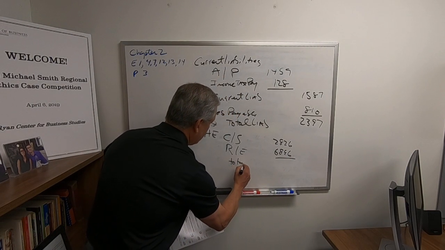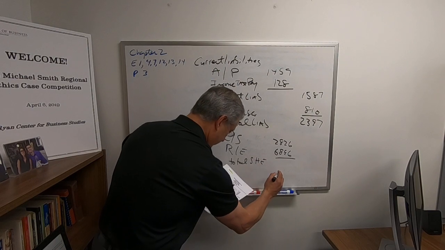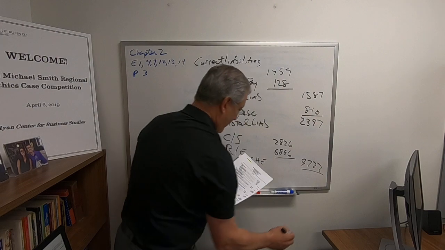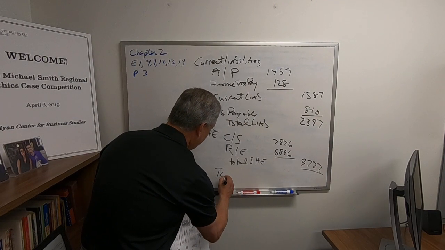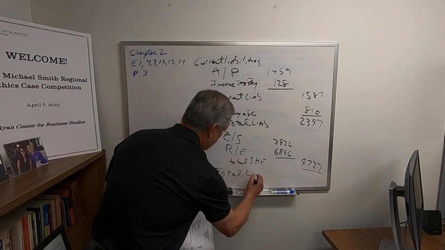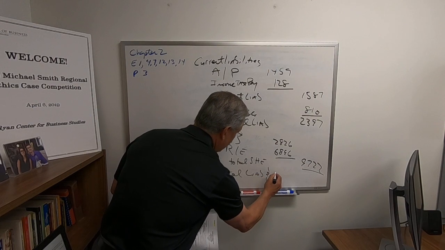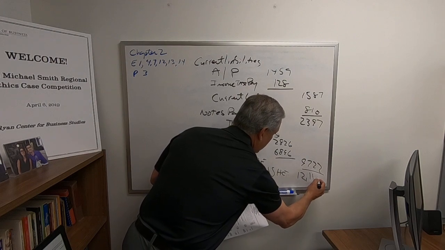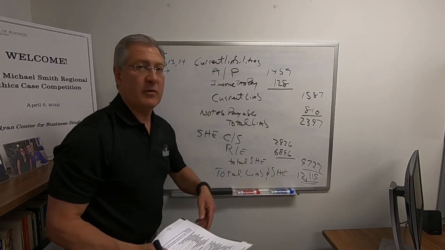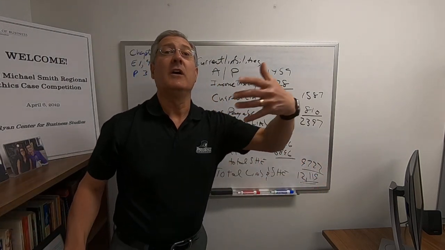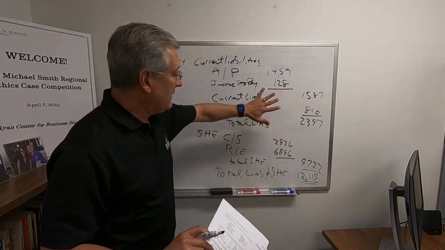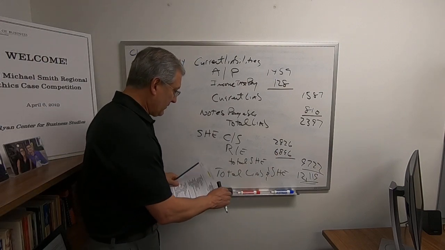Total stockholders' equity is 9722. And we have total liabilities and stockholders' equity at 12,119, which is what? The total assets that you had. So your total assets equal liabilities plus stockholders' equity.